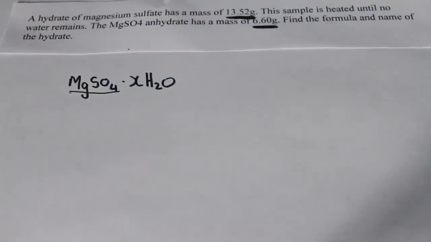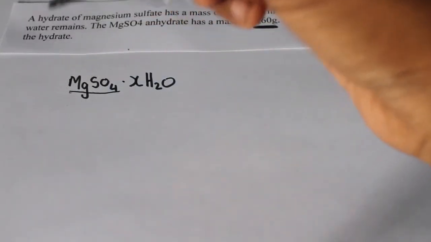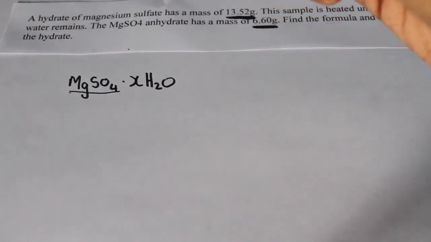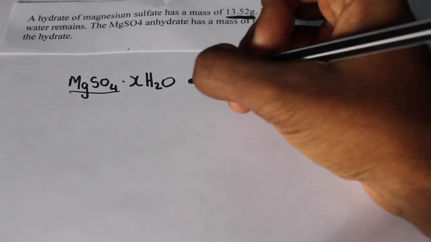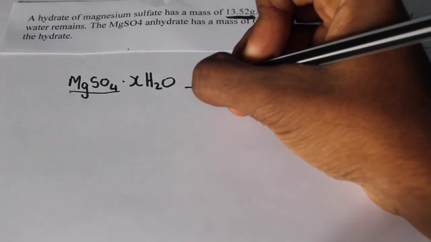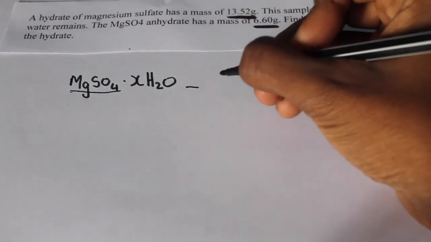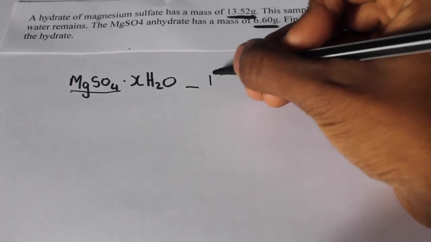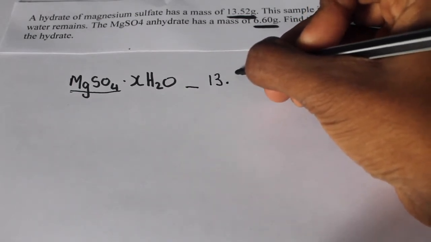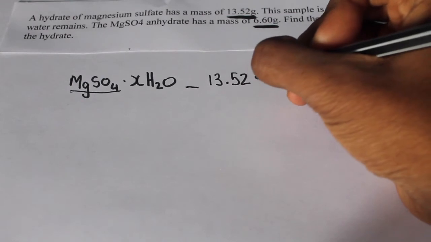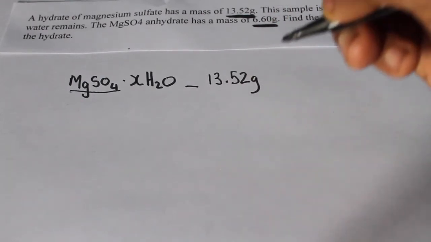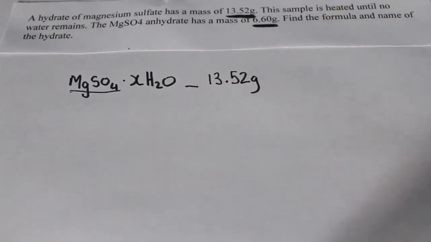Now, we are told that we have 13.52 grams of hydrate. So, magnesium sulfate times X H2O is 13.52 grams.